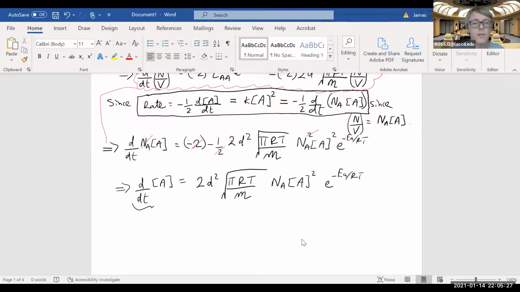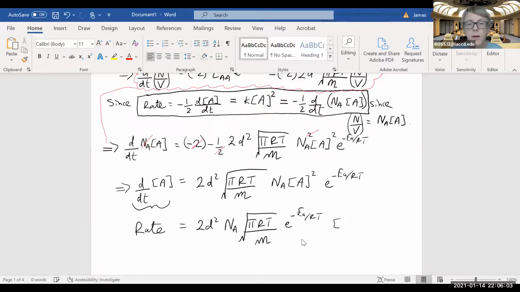So if you interpret this, this says essentially the rate. And then if I rewrite it the way it looks originally, I'll just swap some of these around a bit. We've got 2d squared, bring the N_A next for no good reason, and then πRT over the molar mass, e to the minus E_A over RT, [A] squared.